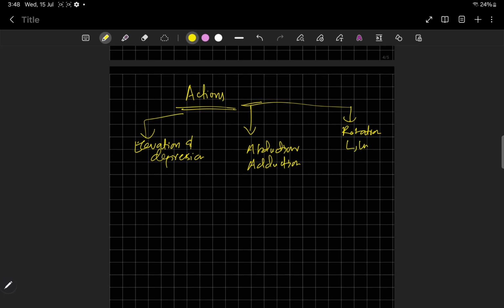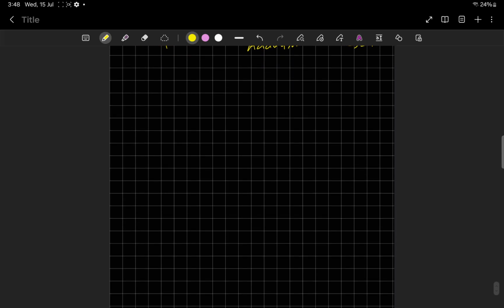Rotation itself is intorsion and extorsion. To remember the direction of action, we can represent it through a diagram.